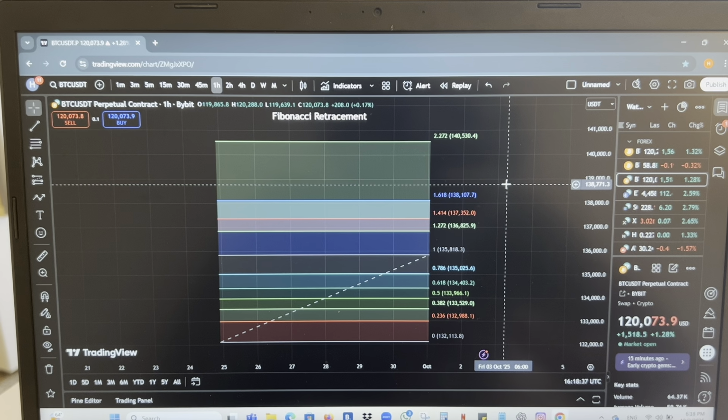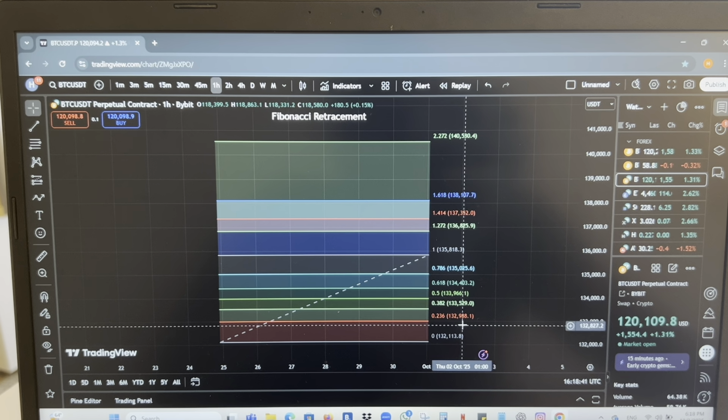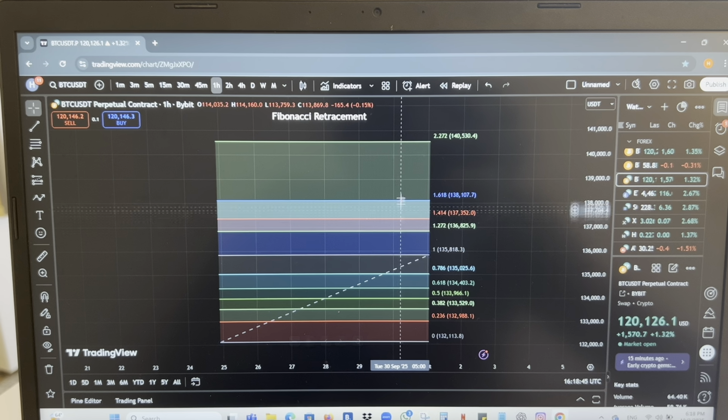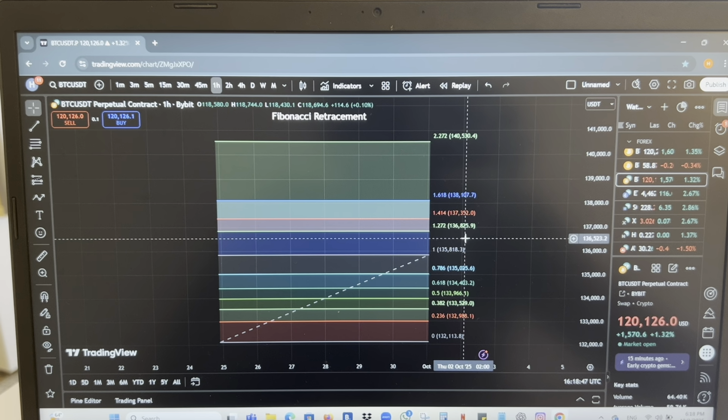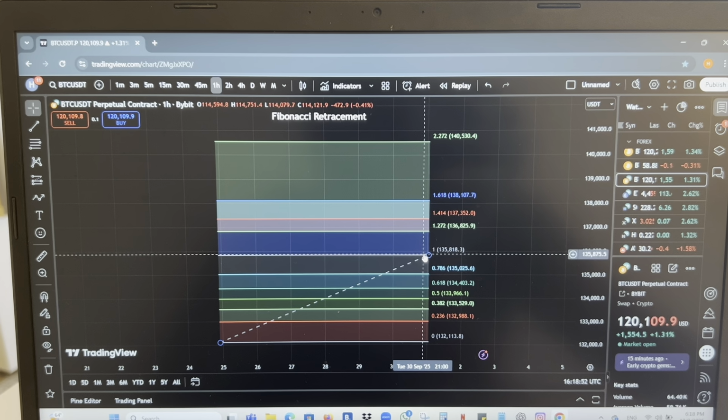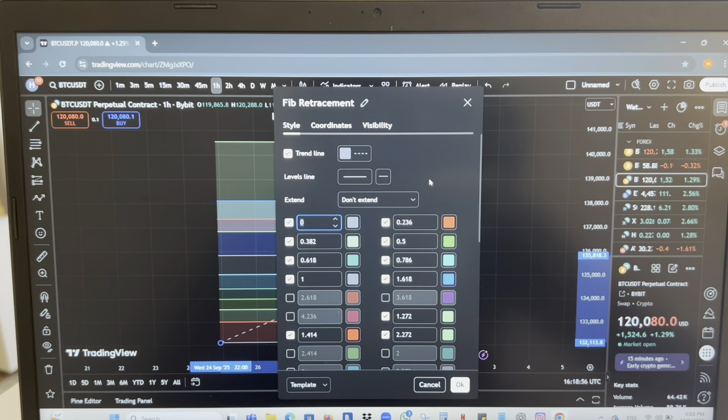Okay, so this is the Fibonacci retracement tool, and as you guys can see, there are a few levels from 0 to 2.272. Before all that, I will give you guys the modification I've done for the Fibonacci tool. So there you go, these are the first modifications.